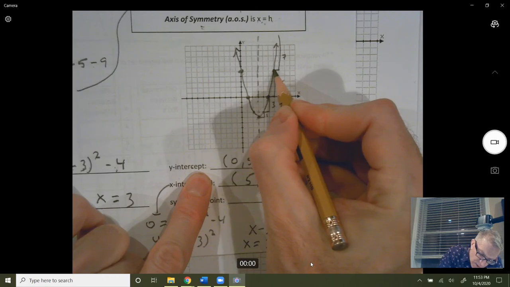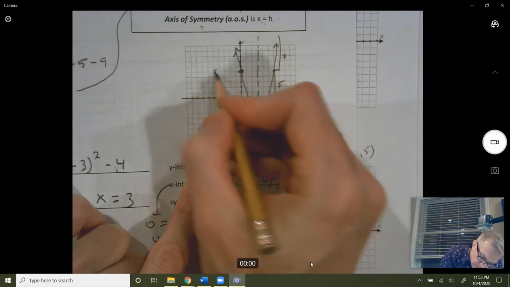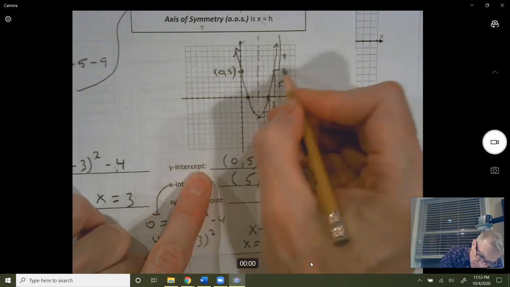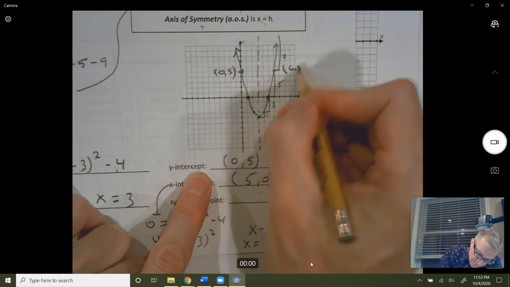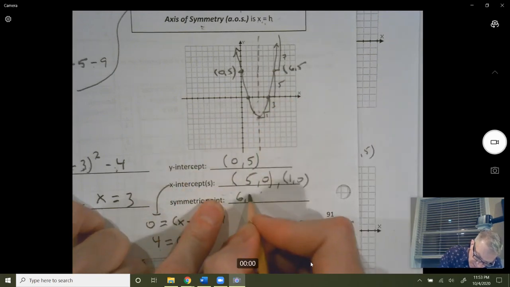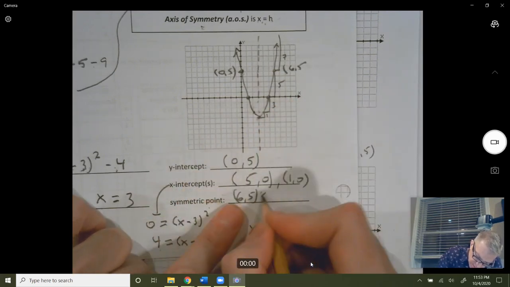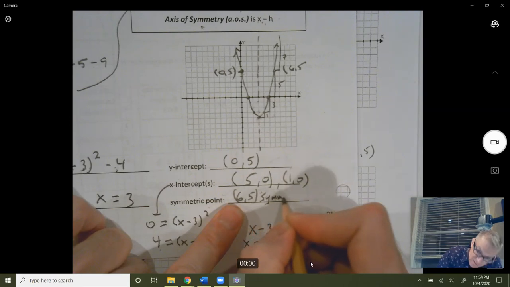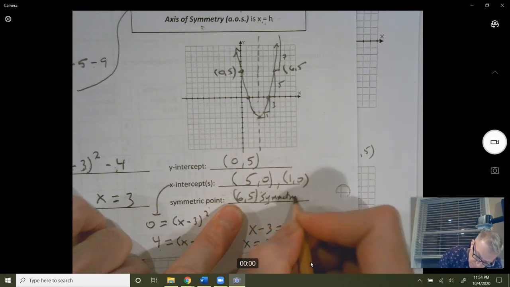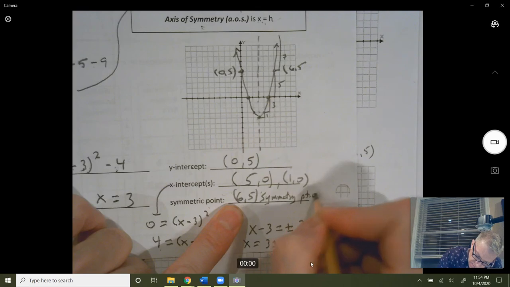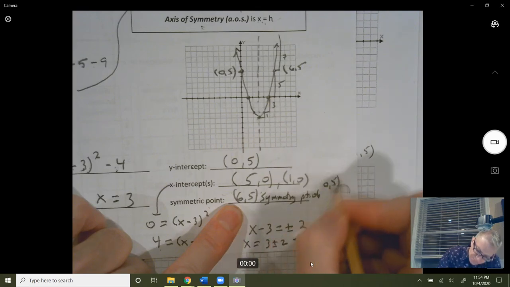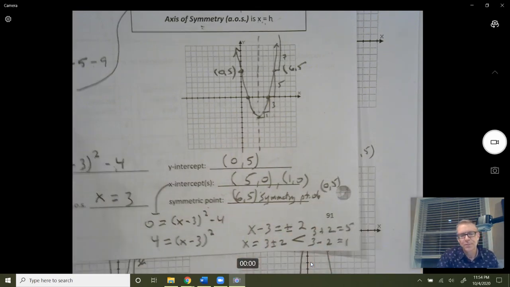So this point is 0, comma 5, and this point would be 6, comma 5. So 6, comma 5, and I'll usually say symmetry point of 0, comma 5. Okay. All right.